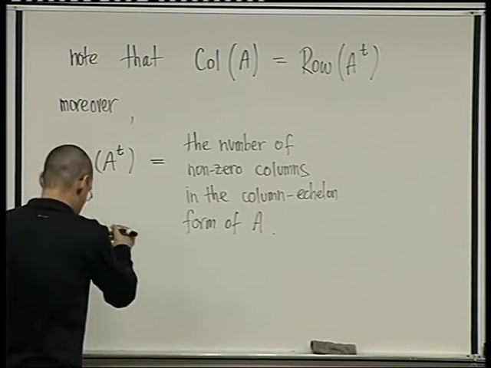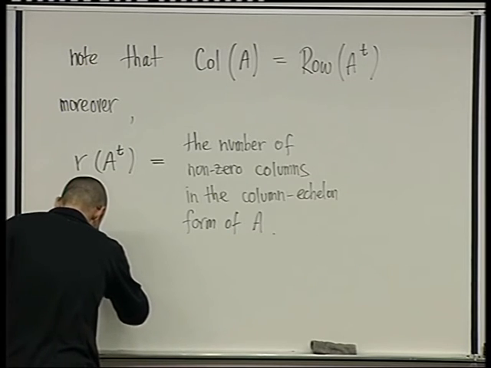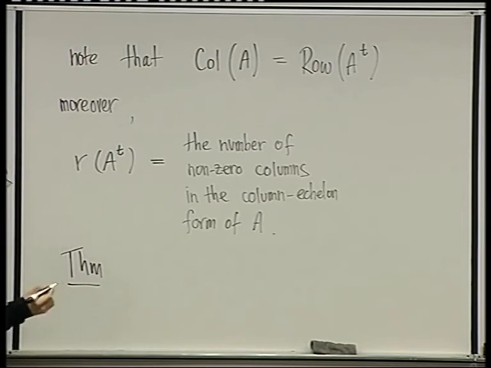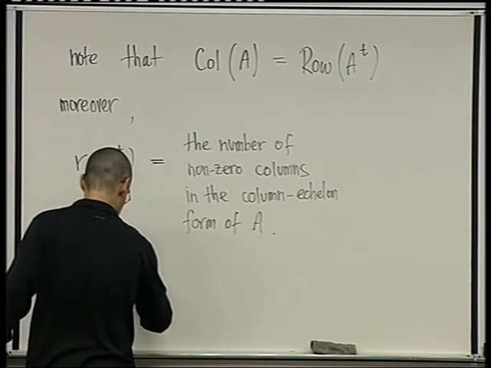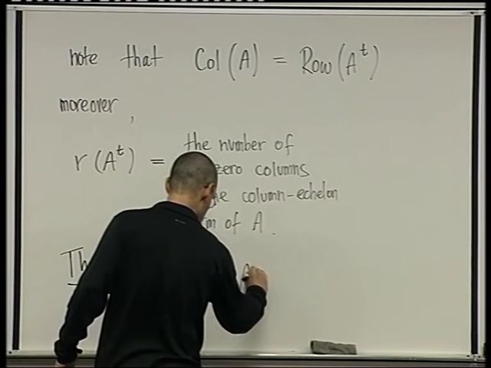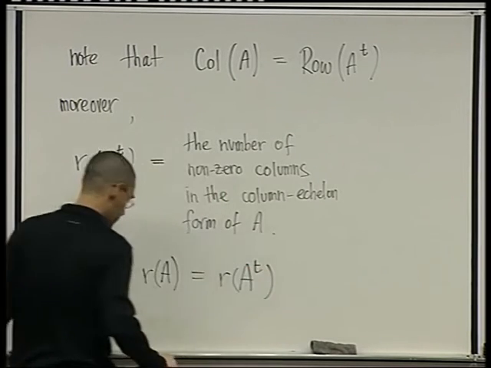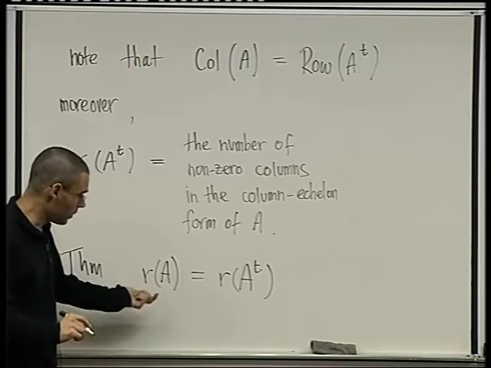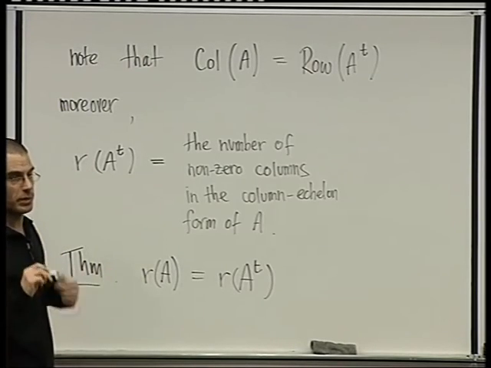Okay? And the theorem, which may look in a sense surprising, is that they're the same. The rank of A always equals the rank of A transpose. Okay? So, or in particular, the rank by rows is the same as the rank by columns.